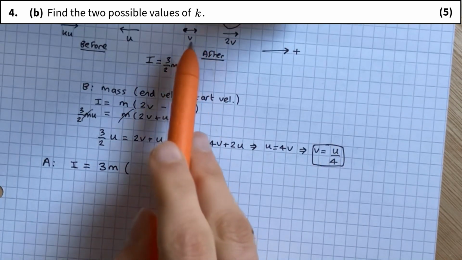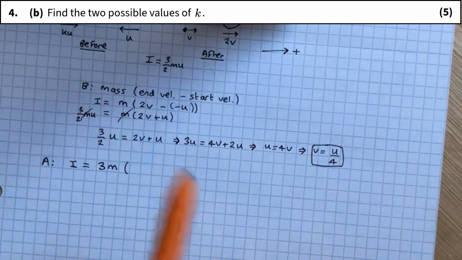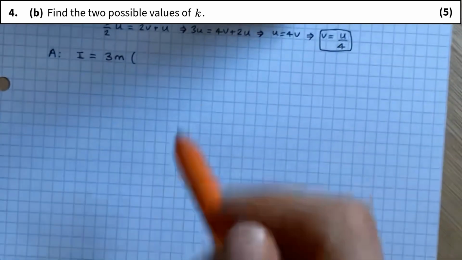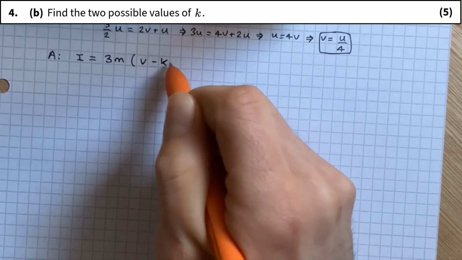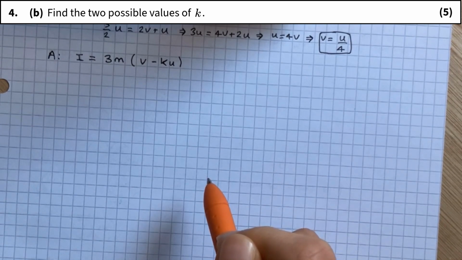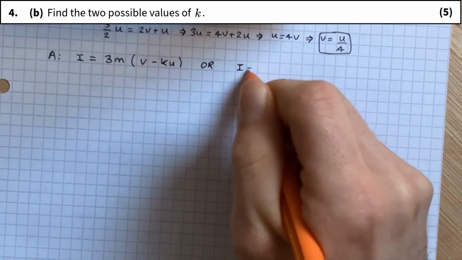So let's pretend that v is going towards the right. Therefore, it's going to be in the same direction. And the start speed is ku, and it's still in the same direction as positive. So end velocity minus start velocity will be v minus ku. Or maybe there's a different situation.